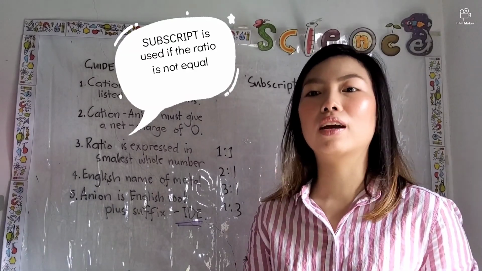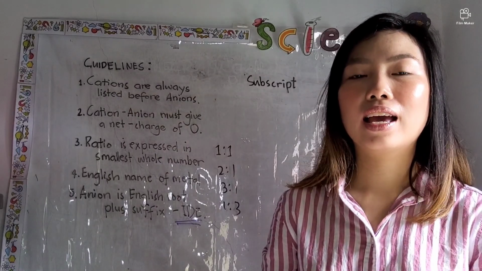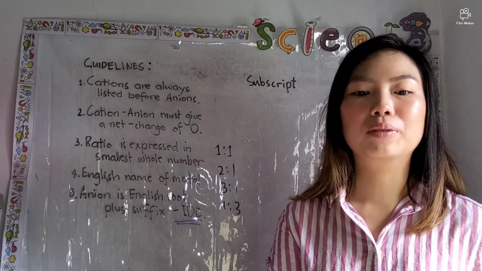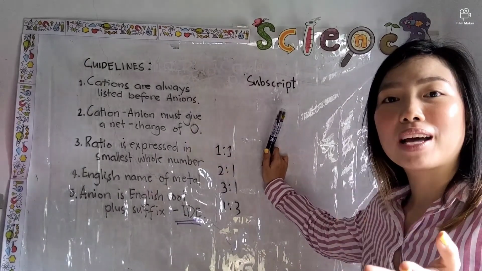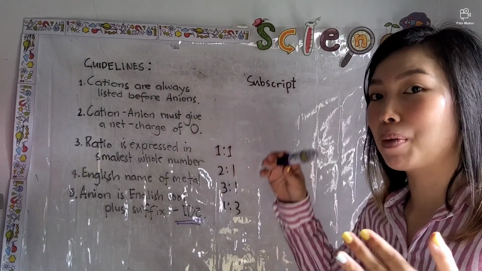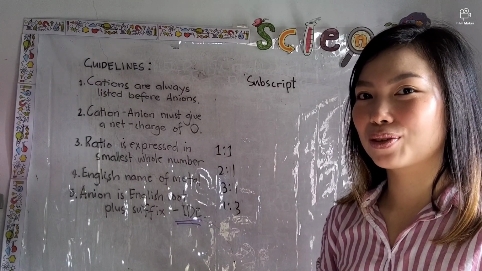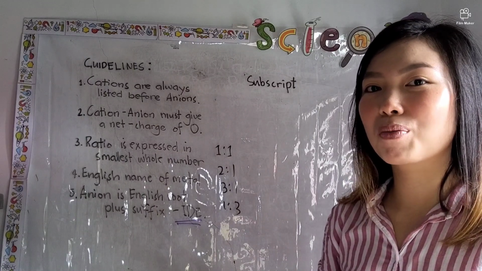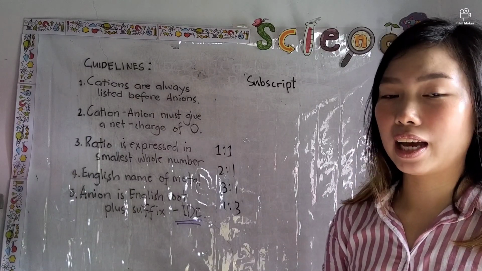Kapag hindi pantay ang ratio ng ions ng ating compound. Example. In writing the subscript, sa mathematics, inilalagay ang subscript sa baba. So, kung elements natin ay may symbol, sa tagiliran sa baba ng element natin ito ilalagay.